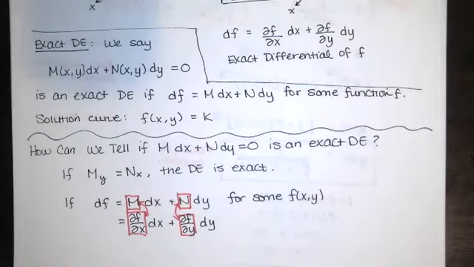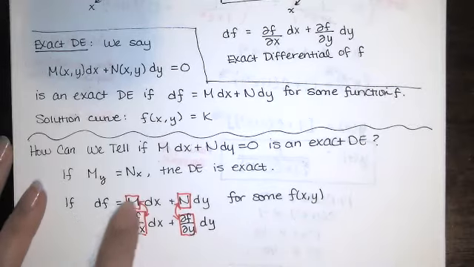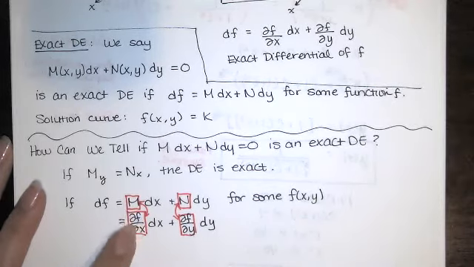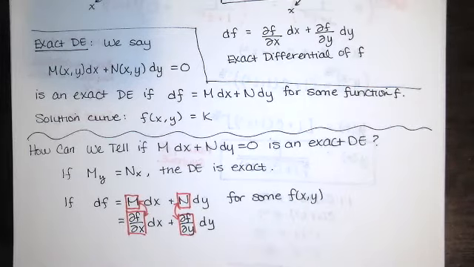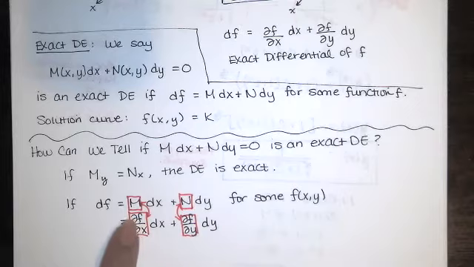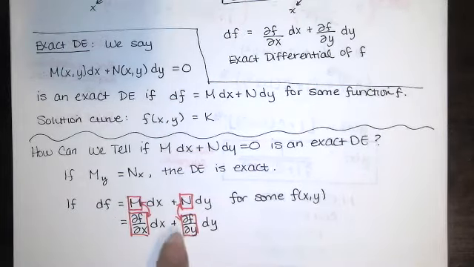And you say, well, how can you be sure that there's a function out there where M is the partial of f with respect to x and N is the partial of f with respect to y? Maybe there's not even a function out there that exists like that. In that case, it wouldn't be an exact differential. Well, one way you can check is you can take the mixed partials of f. So I've got the partial of f with respect to x here. If I take its derivative with respect to y, that's the partial of f with respect to x and then y. If I take the derivative of this one with respect to x, that's the partial derivative of f with respect to y and then x.